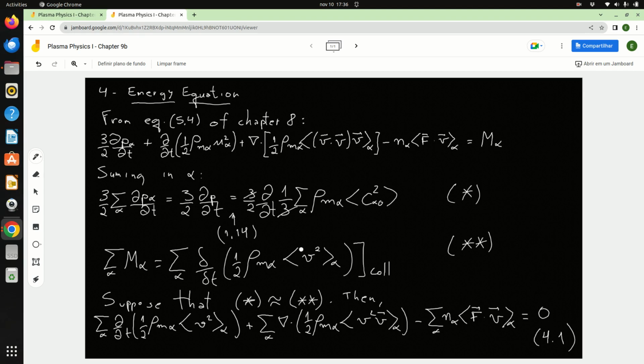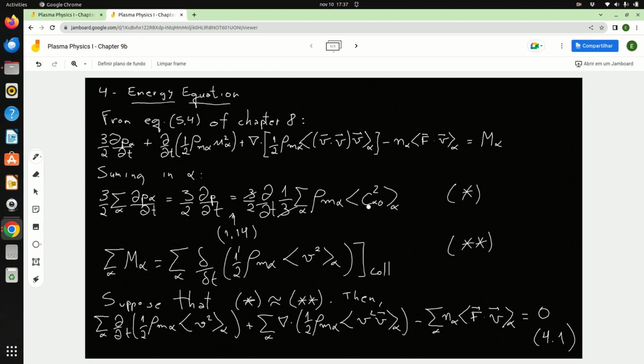The question is, can we suppose that this is similar to this? If you compare the expressions, you'll see that this is del del t, this is delta delta t, and you have one half here of the sum of this times the average. This is an average in alpha as well. So both terms are pretty similar.